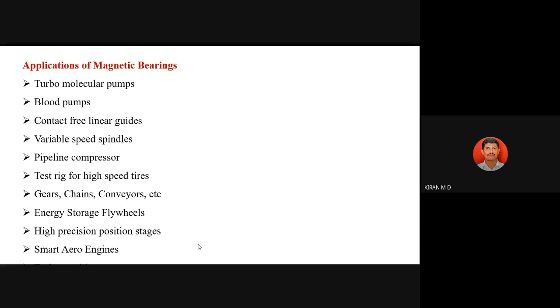Test rig for high speed tires. In the case of high speed tires, we test the vibration of the tires, because of the small eccentricity between the bearing surface and the shaft surface. For example, for high speed tires we try to avoid even 1 micron of eccentricity, because the vehicle will run at higher speeds, like race cars.